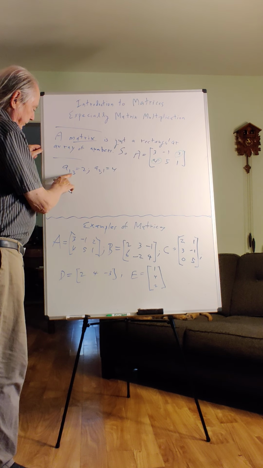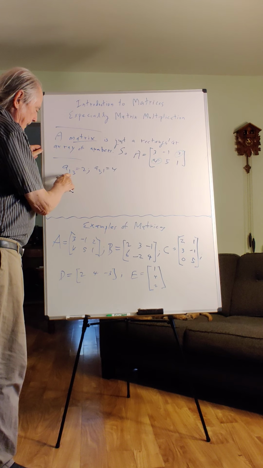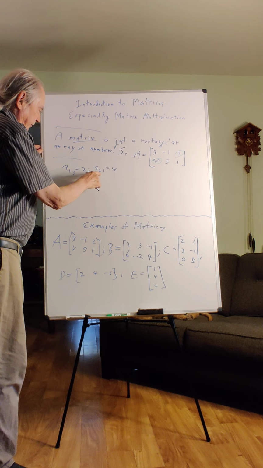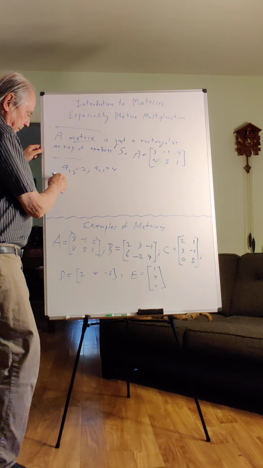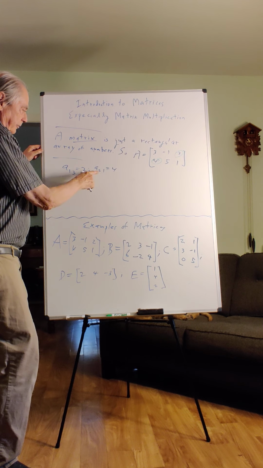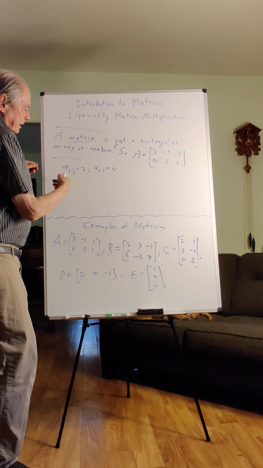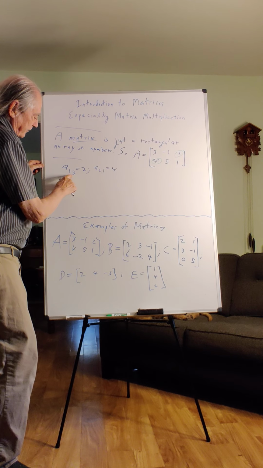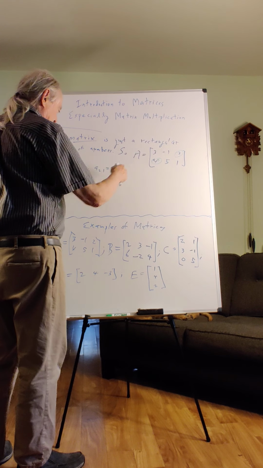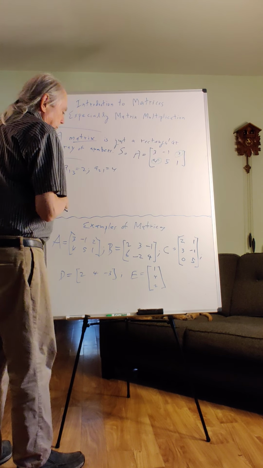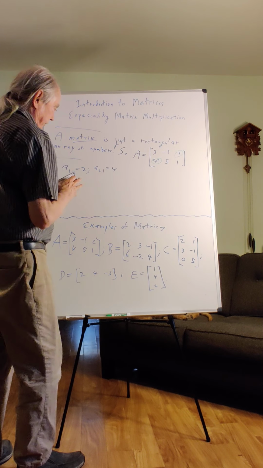You don't even have to put the comma there. You can suppress the comma. This is a double subscript, so you can say A13 is 2 and A21 is 4. No danger of thinking that this is a 13th entry because there are only 6 entries. Okay, so that's how we refer to particular entries.